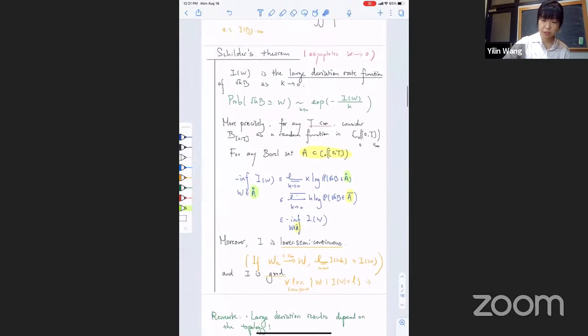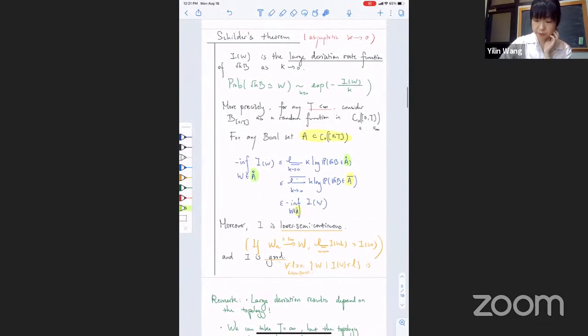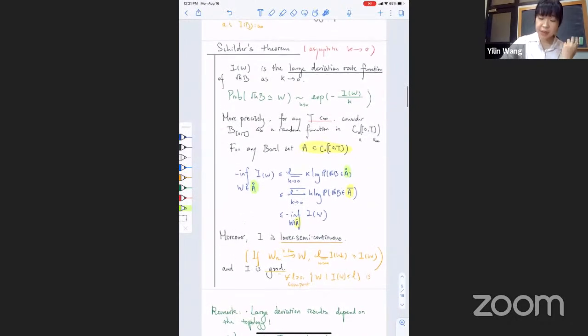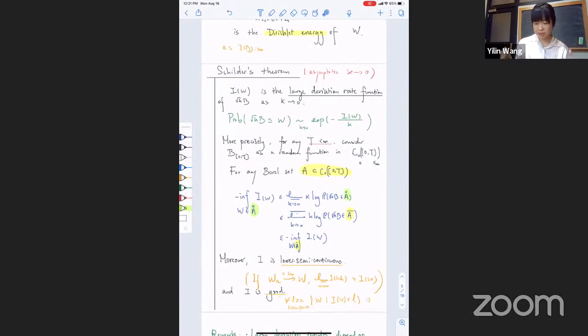So this is called Schilder's theorem. It's about large deviation of Brownian motion. If you ponder a little bit, the story about Brownian motion starts with this universality property. This is the unique process which satisfies certain axioms, and that will single out the role of Dirichlet energy.